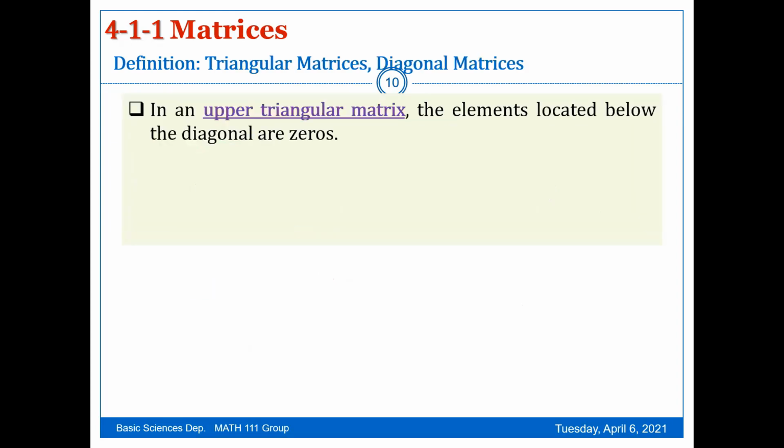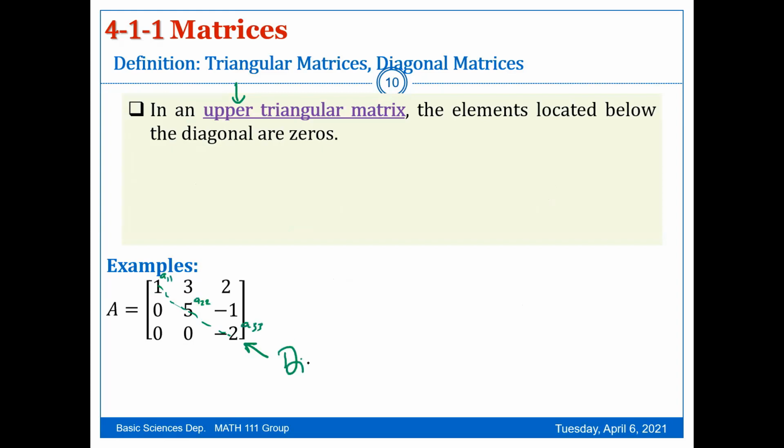We have triangular matrices. There are two types of triangular matrices. Upper triangular matrix. What does it mean? We said, how do we call these elements? A11, A22, A33. The diagonal.